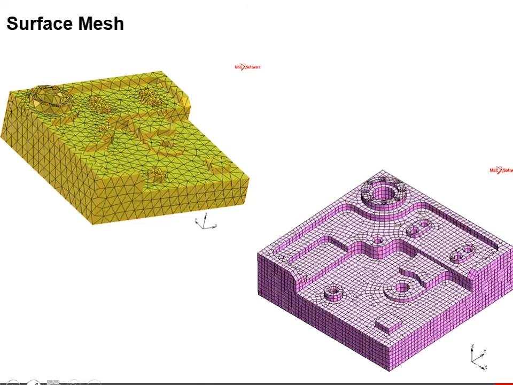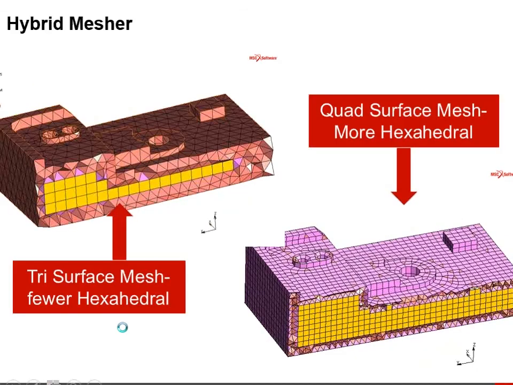This is an example I want to show. It's this block here. This is a better representation of the CAD structure. Here it was just a tetrahedral mesh on the exterior. Here it was a quadrilateral dominant mesh on the exterior. If we cut a line through it, then effectively we'd see hexahedral elements in the interior, then pyramid elements, then tetrahedral elements.